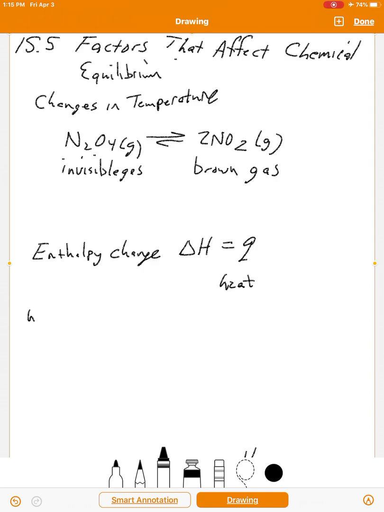So here's the way we analyze Le Chatelier's principle in terms of temperature changes. If we add or increase the temperature, which we'll call T, we're adding heat.